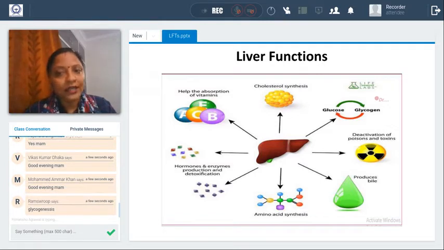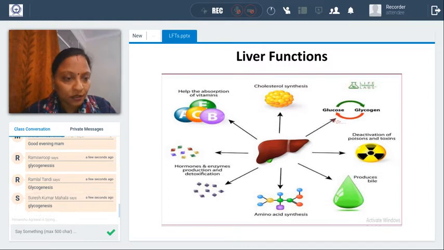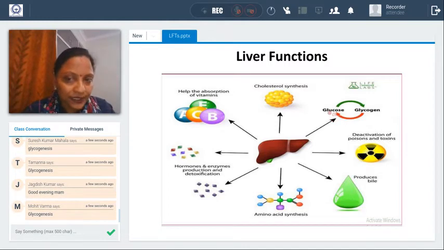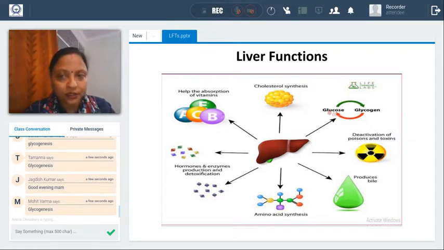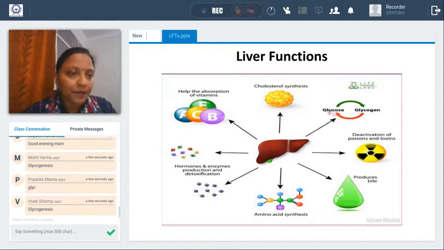And when glycogen converts into glucose, it is called glycogenolysis. First is genesis and other is genolysis. We have already studied the carbohydrate metabolism.